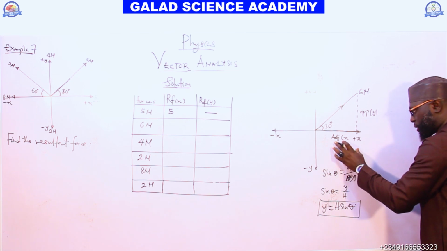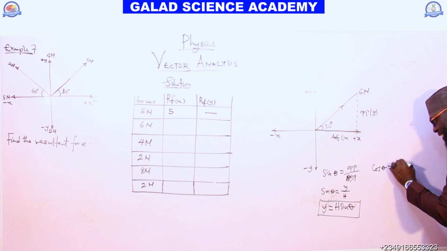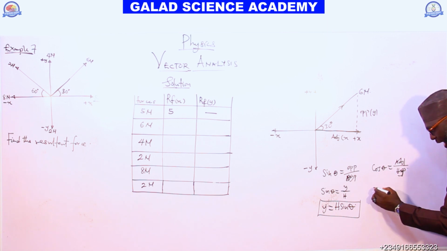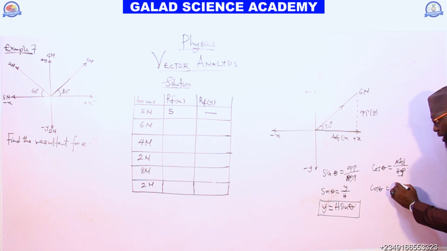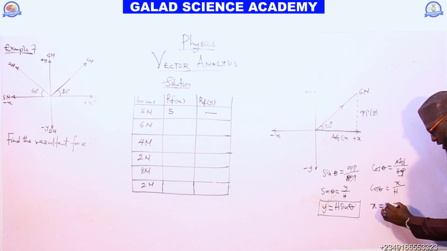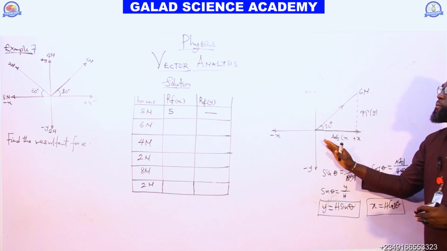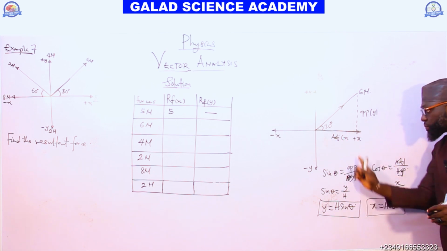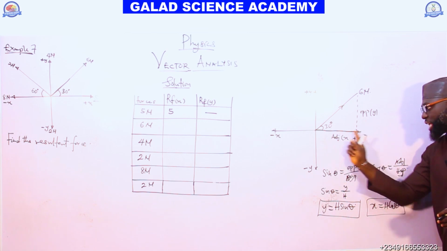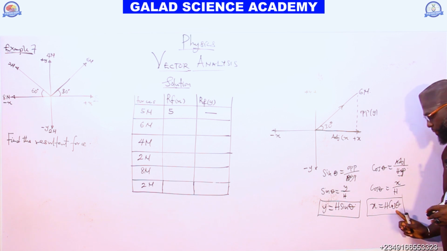Now let us solve for the adjacent axis. Cos theta equals adjacent over hypotenuse. The adjacent here is x, and the hypotenuse is h, so x equals h cos theta. Whenever we solve for the horizontal axis, the x coordinate, in resolution of forces, x equals h cos theta.